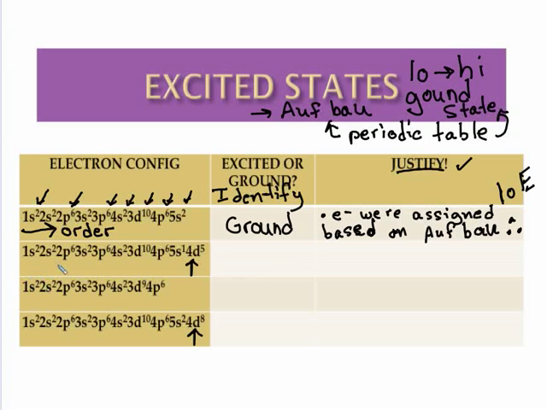Now, in this case, you've got to be a little careful. Again, you can kind of match to the ones above it here, these are all in the right order, but there has been a hop here from the 5s to the 4d. So when you see an S to a D hop, one of the first things you need to check is, could this be one of your irregular configurations?